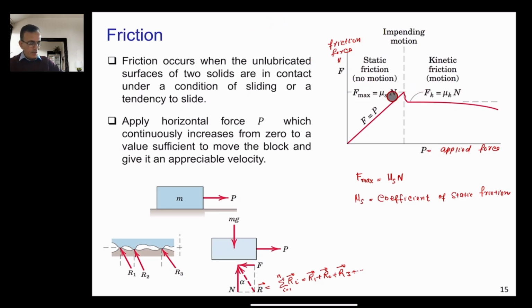And again here we have this force, which is Fk, the kinetic friction force, which is obviously equal to mu k N, and N obviously here is the normal force. In this case, this mu k is what we call the coefficient of kinetic friction.